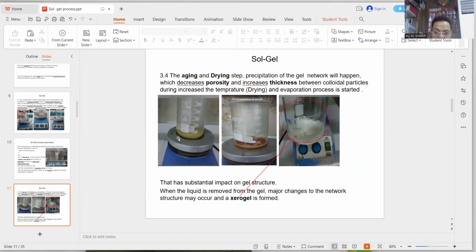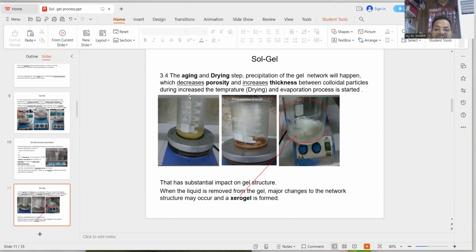Here, it's clear when we increase the temperature, the colloid increases from a little bit like liquid to, let's say, like honey. It's colloidal particles. And let me keep going: increased thickness between colloidal particles, like this picture.